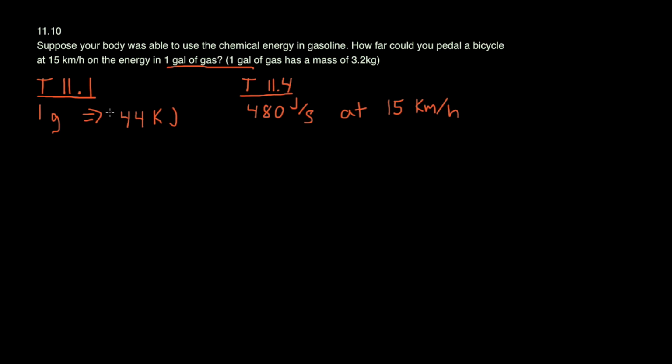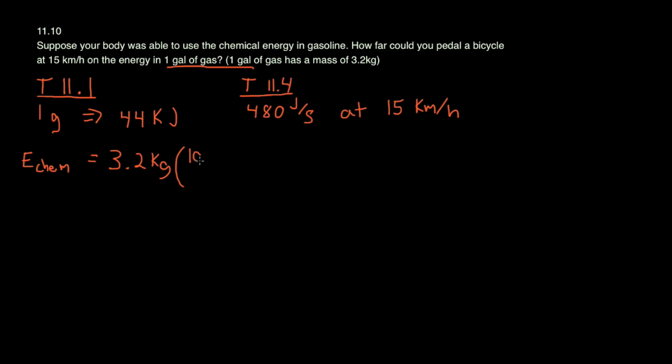So the first step is just to figure out how much energy is in that 3.2 kilograms of gasoline. So let's just do E sub chem for chemical energy is going to be equal to 3.2 kilograms. And then I'm just going to convert this over to joules.